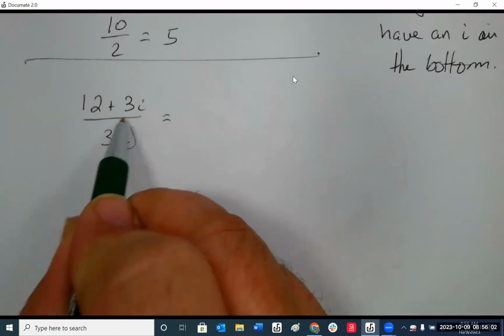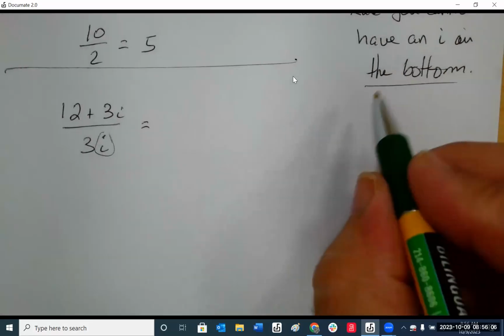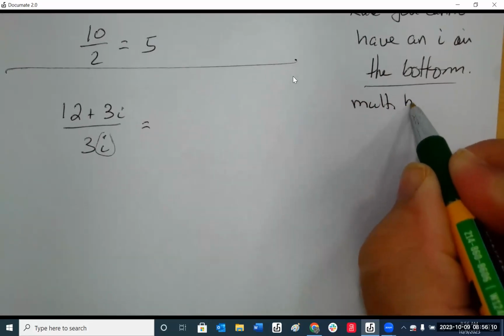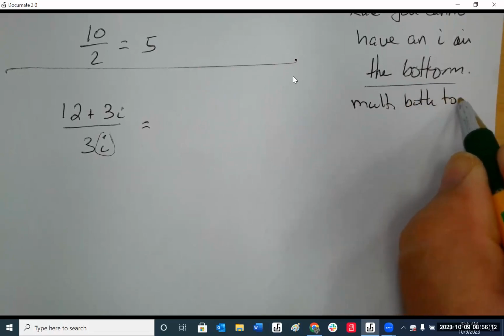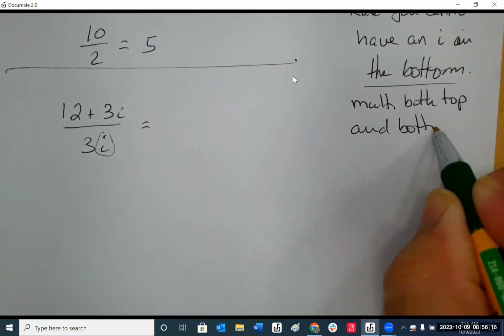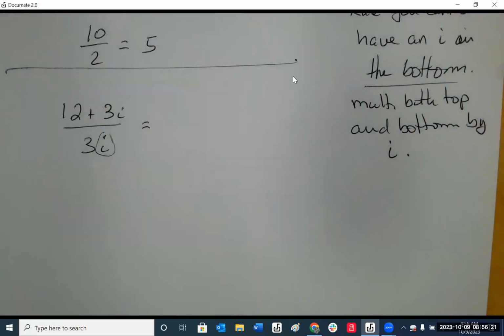Since we have an i on the bottom, multiply both top and bottom by i.